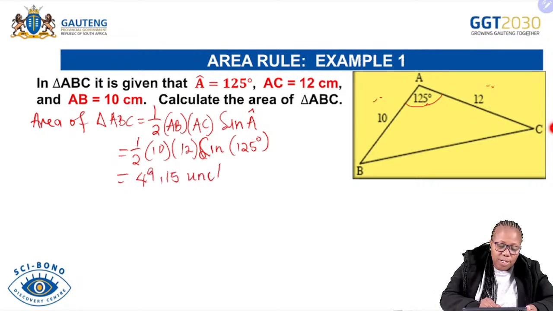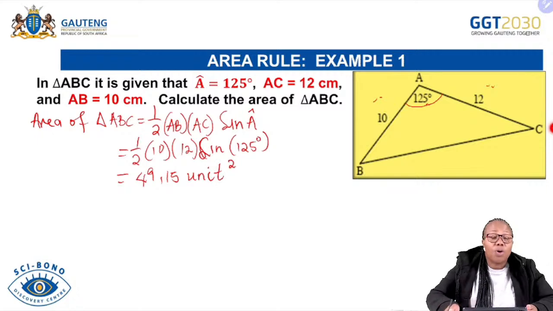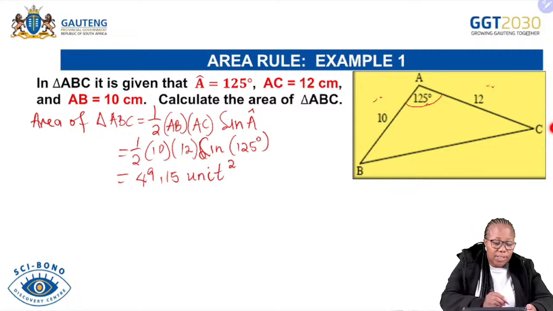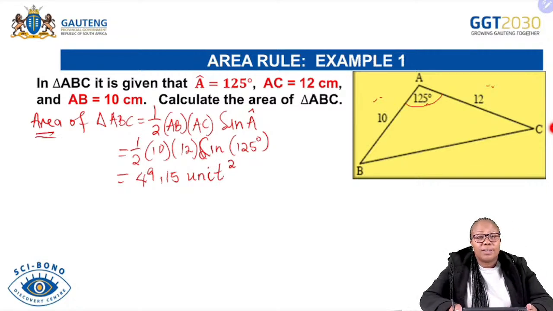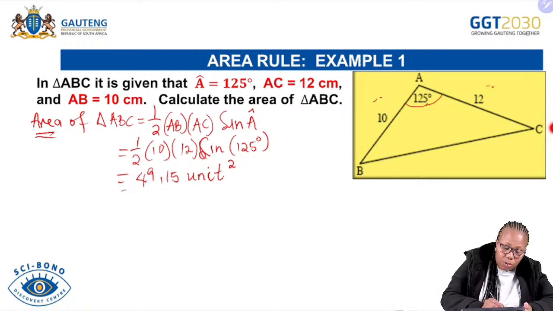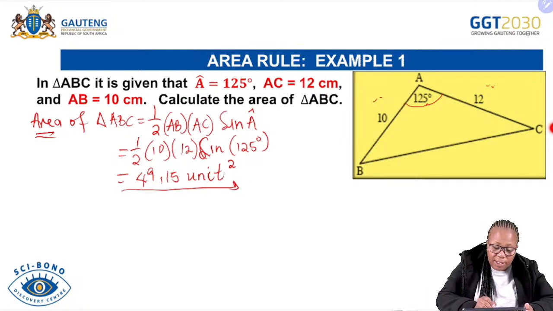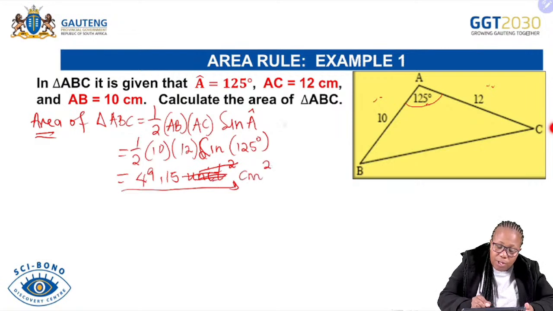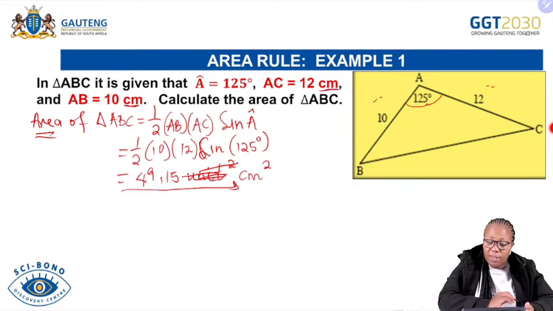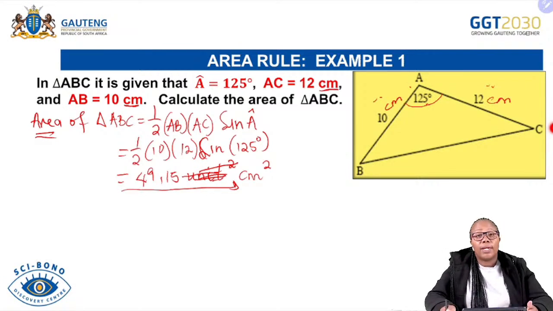This will be units squared because it's a square unit, because it's an area now. It's not a distance, okay? It's a square unit. Remember that one, grade 12, in terms of units. In this case, it's given as centimeters, so we can put in the actual one and say square centimeters because it is given there in centimeters. Basically that is how you apply those 3 rules, grade 12s.